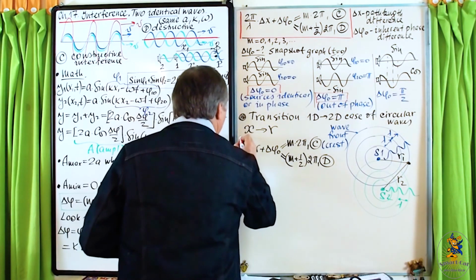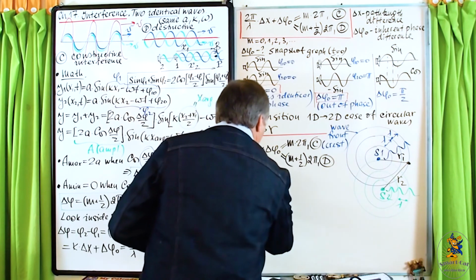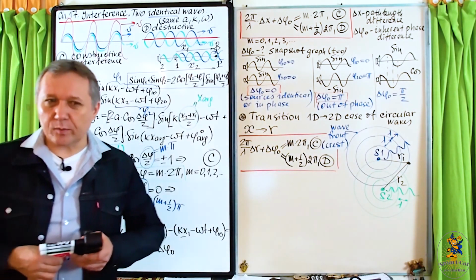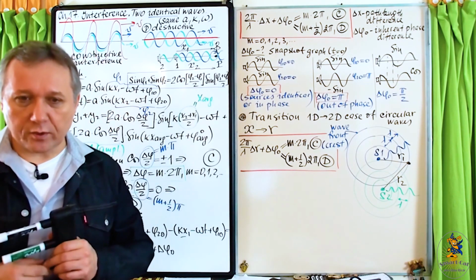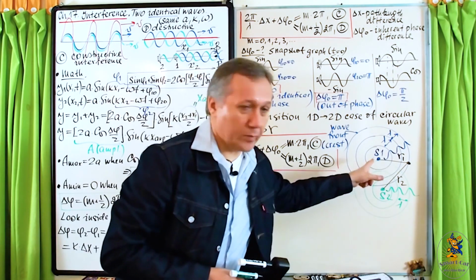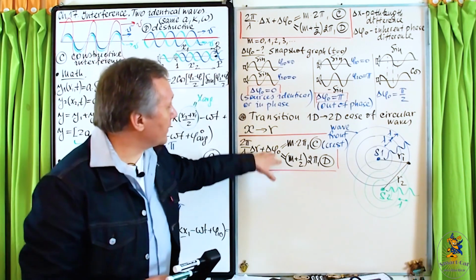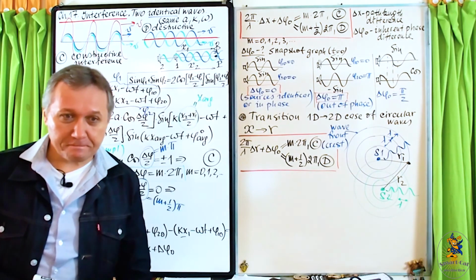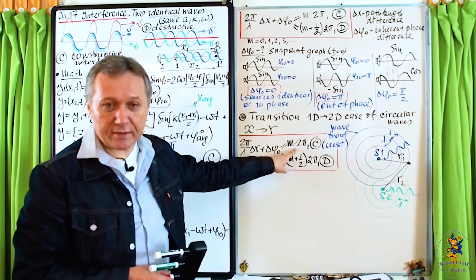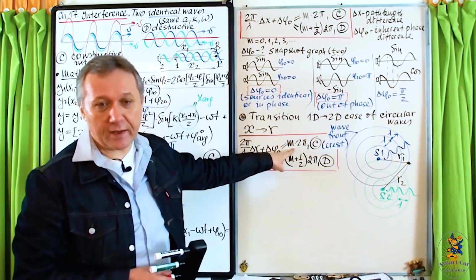Let me frame it, and that's what we're going to use, because most of the problems are going to be two-dimensional, not one-dimensional. Again, every time delta R is just R2 minus R1. Inherent phase difference we just discussed. Add all this up and see, are you going to get this case or that case? Again, M is an integer.